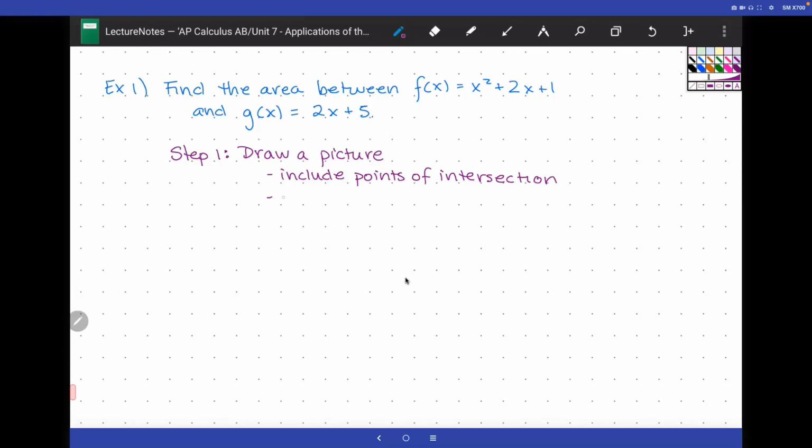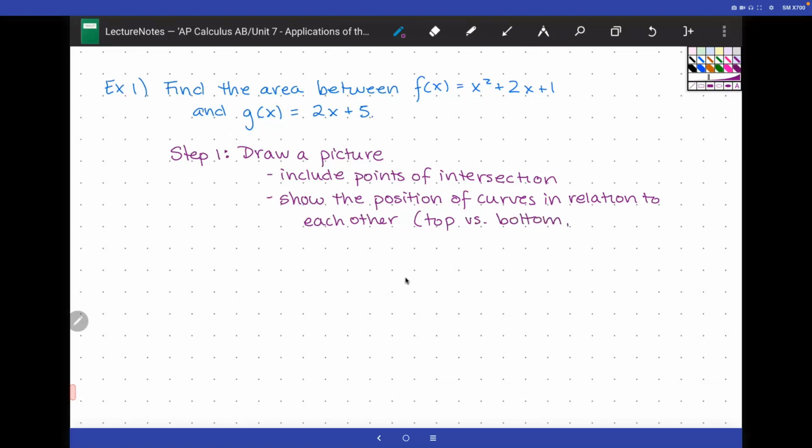So it should show the position of the curves in relation to each other. So top versus bottom, right versus left.